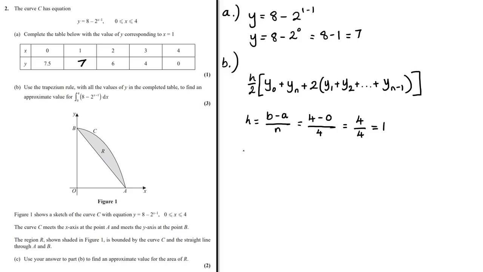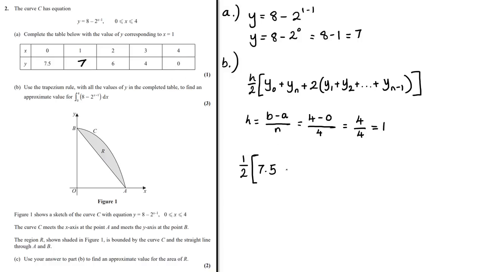So if we replace everything here now with what we've got in our table of values, then what I get for my approximate value using the trapezium rule is going to be h over 2, so that's 1 over 2. And we put our square bracket in, so it's y0, so that's the first term, 7.5, plus yn, which is the last term, and in this case, that's going to be 0.